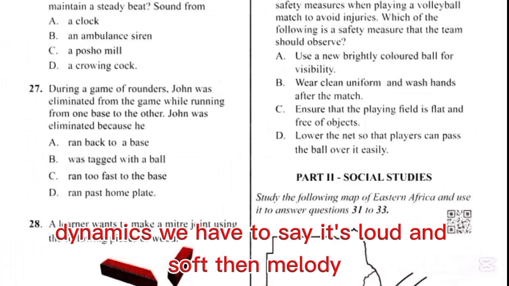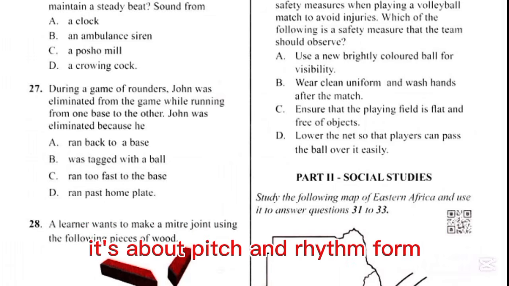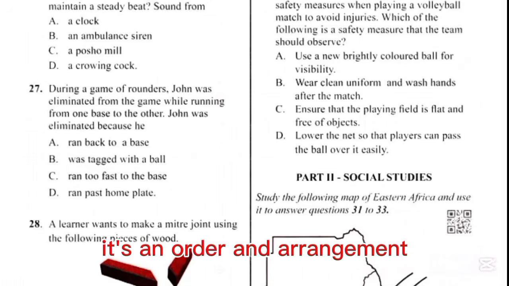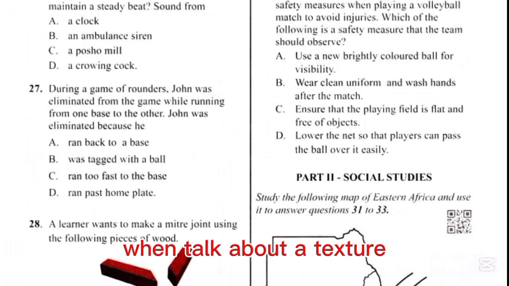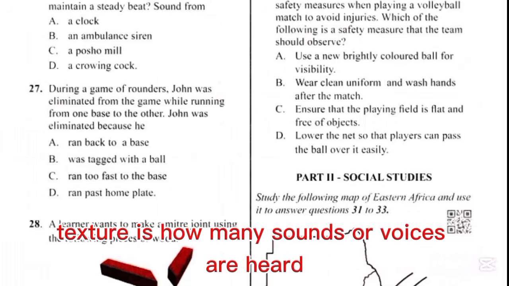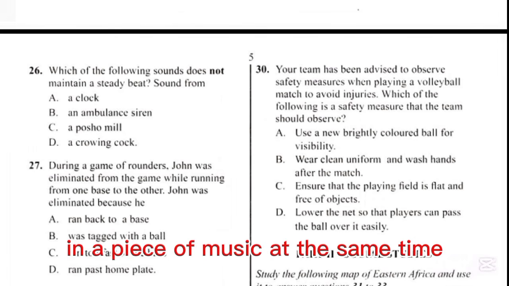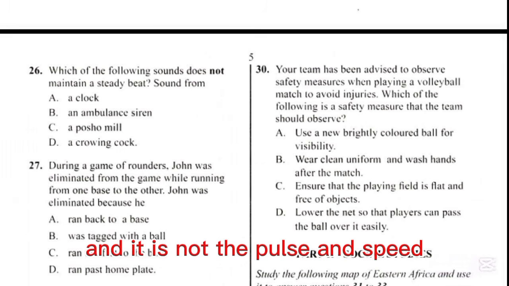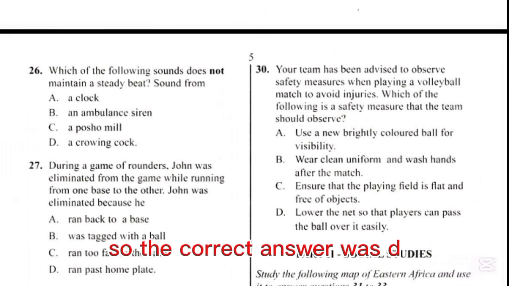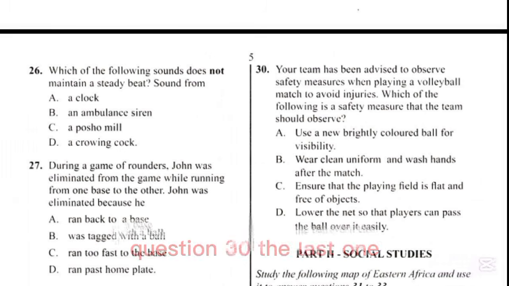Dynamics, we have said it's loud and soft. Then melody, it's about pitch and rhythm. Form, it's an order and arrangement. When we talk about texture, it is how many sounds or voices are heard in a piece of music at the same time, and it is not the pulse and speed. So the correct answer was D.